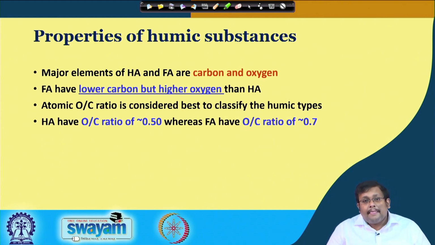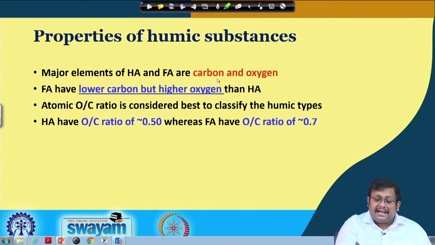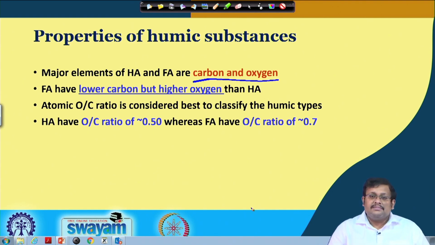As we have seen in the previous slide, the major elements of humic acid and fulvic acid are basically carbon and oxygen, because carbon forms the backbone, and fulvic acid has lower carbon but higher oxygen. We have seen that from the previous table. Another important criterion generally considered for classifying different humic types is the atomic ratio.